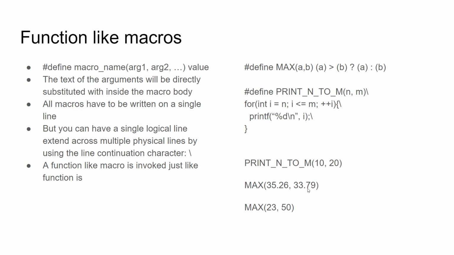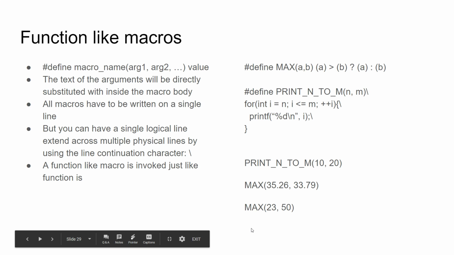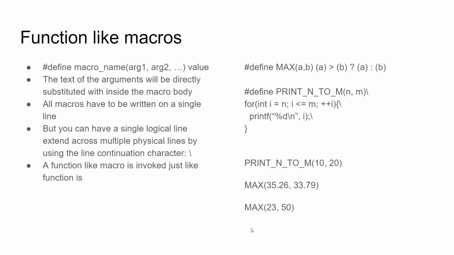Or if I do this max right here, it's going to copy and paste this code, parentheses 35.26 greater than parentheses 33.79 question mark parenthesis 35.26 parenthesis colon parenthesis 33.79 parenthesis. It literally copies and pastes that in. So here, notice that this max function works for both doubles as well as integers, because there's no types. It literally just copies and pastes that text there. Does this make sense?